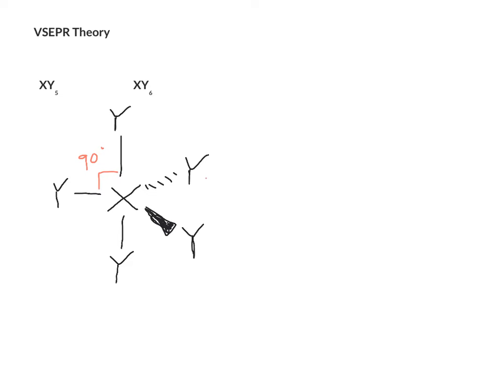The bond angle here is 120 degrees, those equatorial positions. If you picture this middle, 360 degrees, 120, 120, 120. And the angle between the axial positions and the equatorial ones is 90 degrees, a right angle.